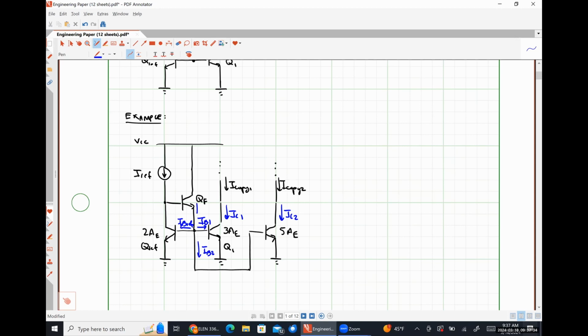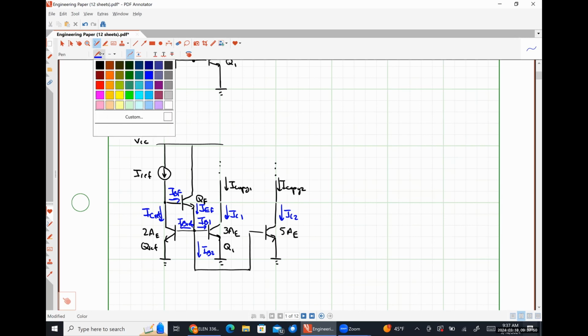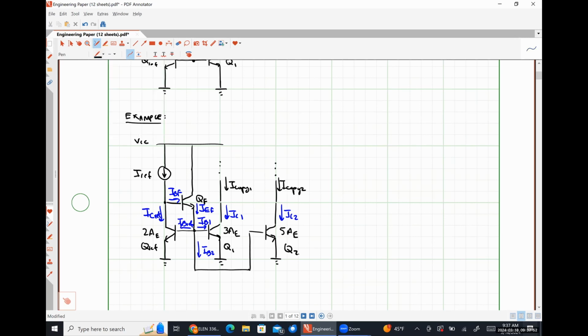IBref, IEF, IBF, ICref, like so. And I think I forgot to label this guy over here as Q2. All right, so we can make a couple of quick observations here. The base emitter voltage for our reference transistor Qref, as well as our transistors Q1 and Q2 are all the same.